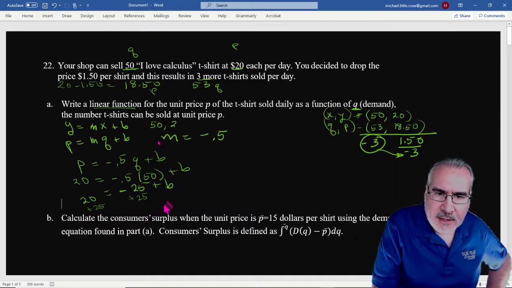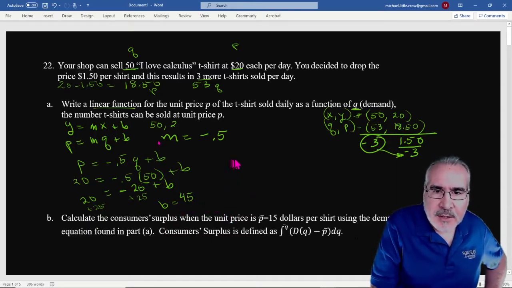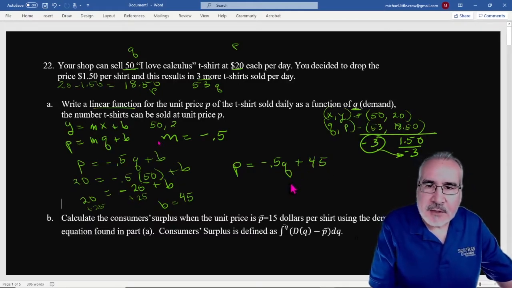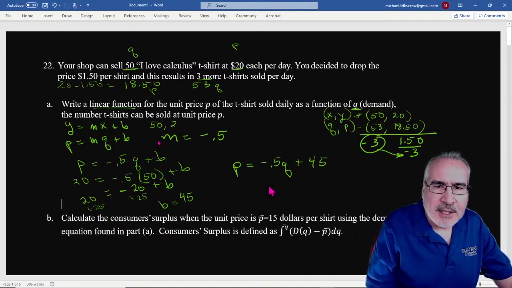And that says that B equals 45. So for this A part, what we're looking for is P equals negative 0.5, or 1/2 if you want, Q plus 45. It means if we dropped the price to $0, we'd only sell 45. Interesting.